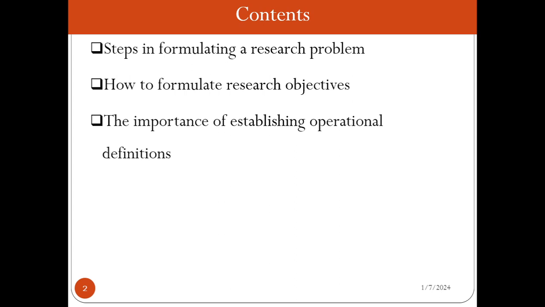And the third point is the importance of establishing operational definitions. Of course, we offer lots of definitions. Definitions are basically given in order to introduce a particular concept to others. But here we have a different type of definition, which is called operational definition. Operational definitions are really important, and they are idiosyncratic and specific to our work.